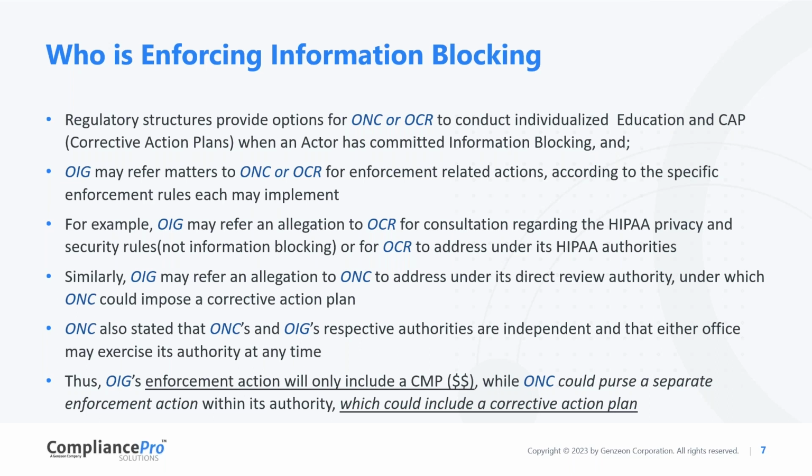Although, again, OCR is not the primary enforcer here, but they can be called in if, let's say, for example, information is being blocked from a patient getting access to their own information. Well, that's going to be a patient access rule violation under HIPAA, but also an information blocking violation under the ONC rules. So who's enforcing? Well, it could be both of those agencies in certain use cases.